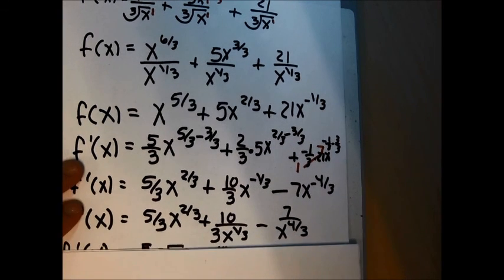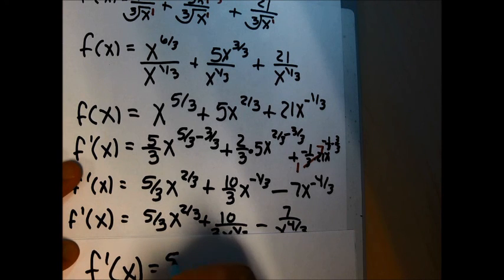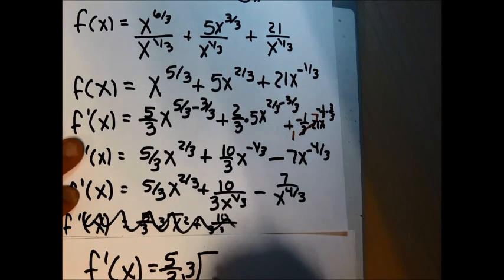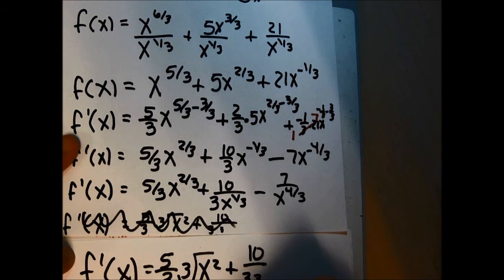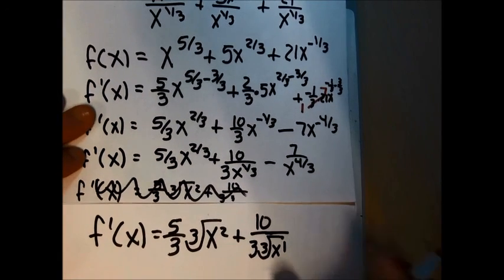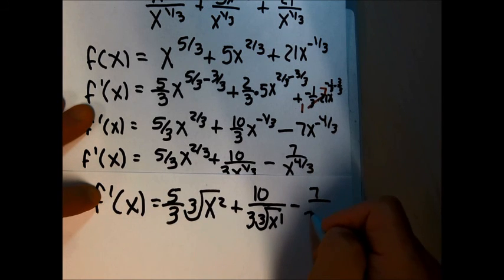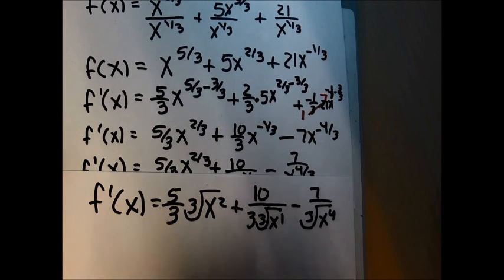So I'm going to get f prime of x equals 5/3 and then the cube root of x squared for the first piece, and then plus 10 over 3 and then the cube root of x to the first, which you don't need the exponent of 1 for, for the second piece, and then minus 7 over the cube root of x to the fourth. And that would be the best answer for problem 38.